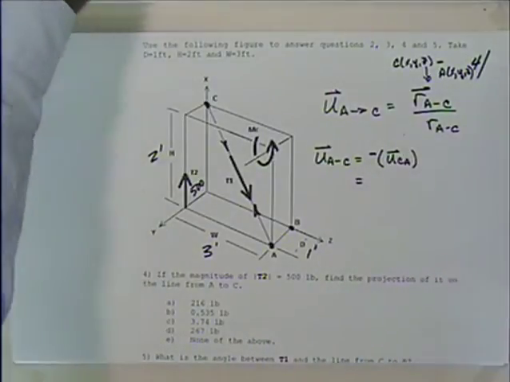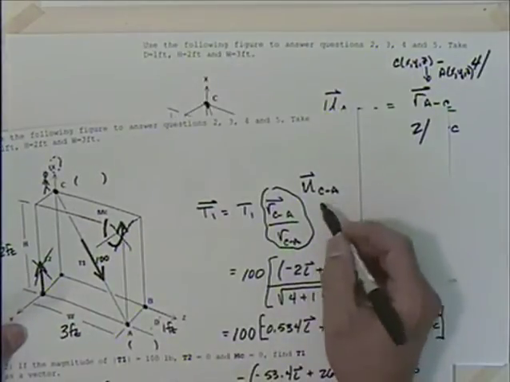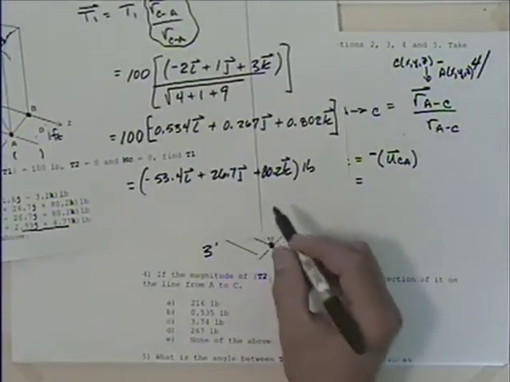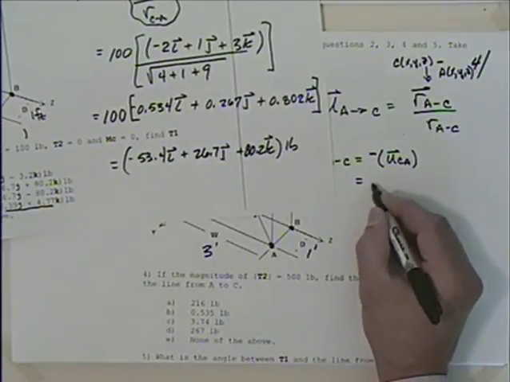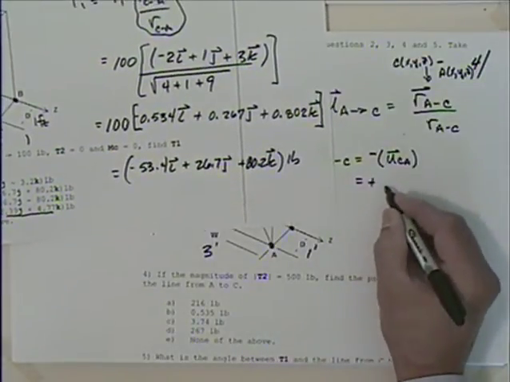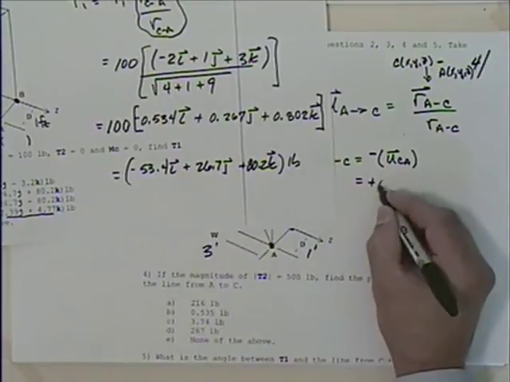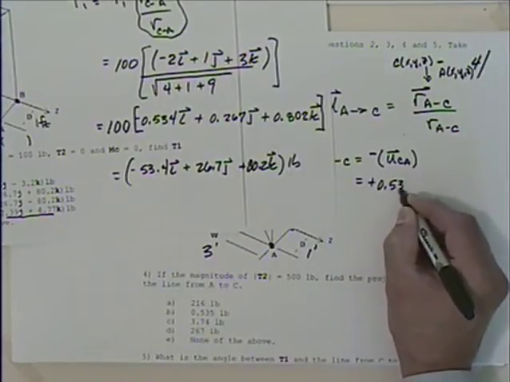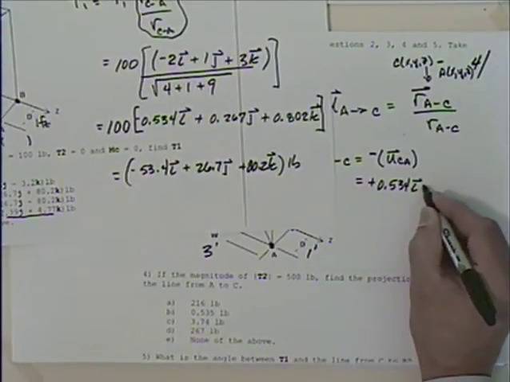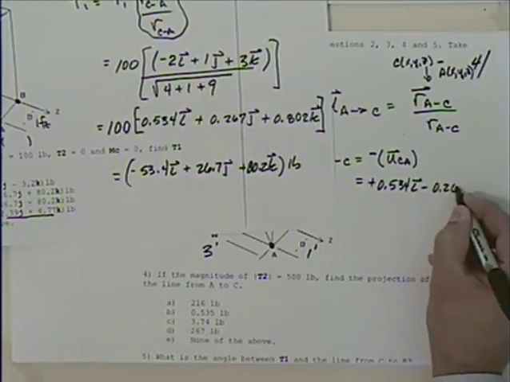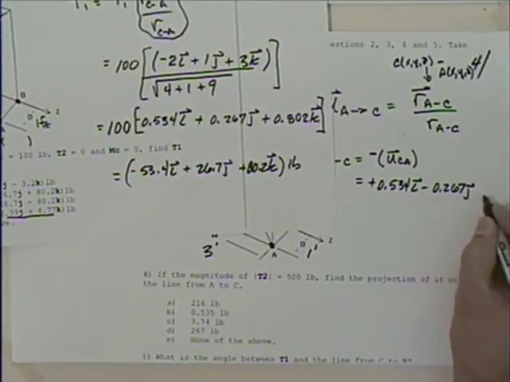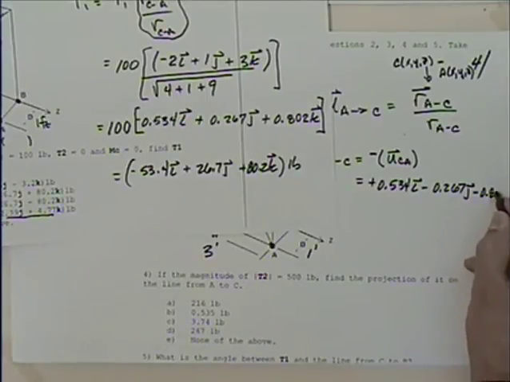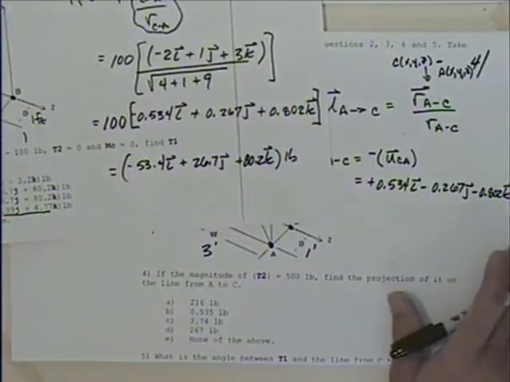Do I have that one? There's the unit vector C to A right there, isn't it? So I could say that this was positive because of the negative sign. This term, 0.534 in the I, negative 0.267 in the J, negative 0.802 in the K. Okay?